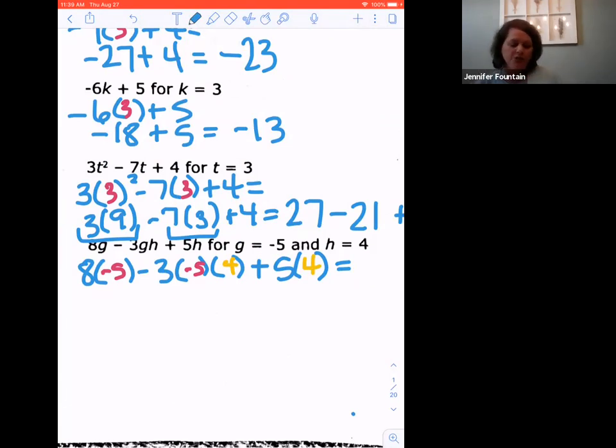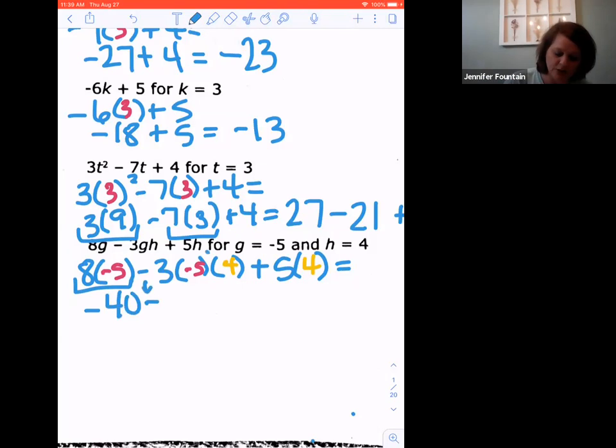We're going to do our multiplication from left to right. I start with 8 times -5, a positive times a negative. I have opposite signs, so I'll have a negative solution. -40 minus. I've brought that down here, so now I'm only multiplying right here. 3 times -5 would be -15.